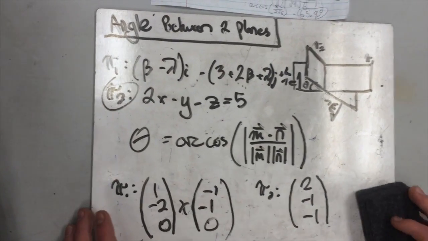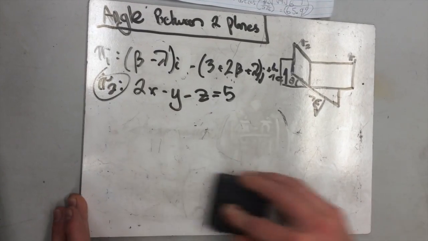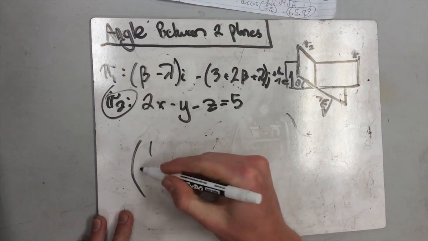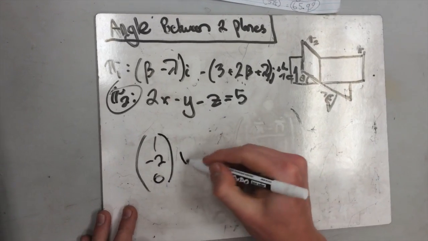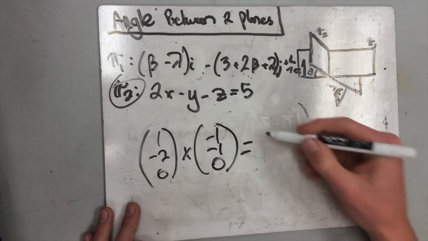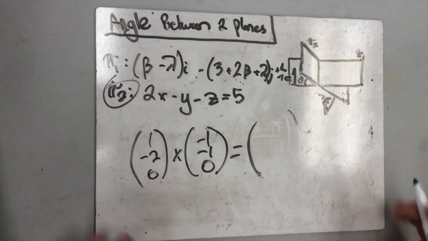Okay, so now we're going to actually make some space to do this cross product. So we have 1, negative 2, 0, negative 1, 0, and this is a really handy formula in your formula packet that'll help you with this.